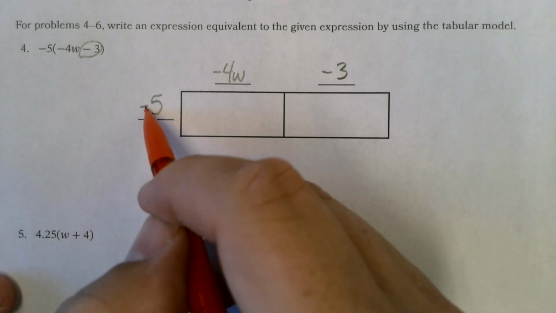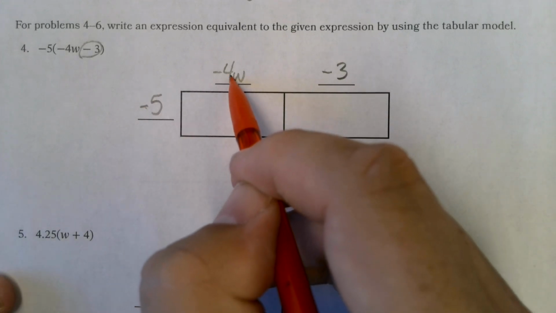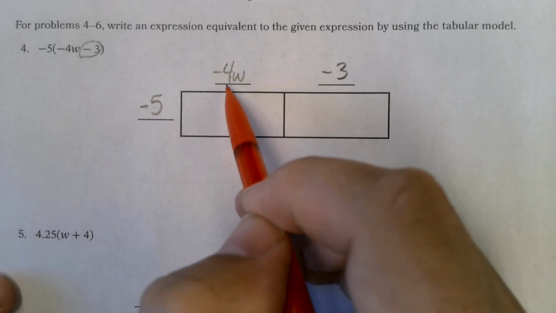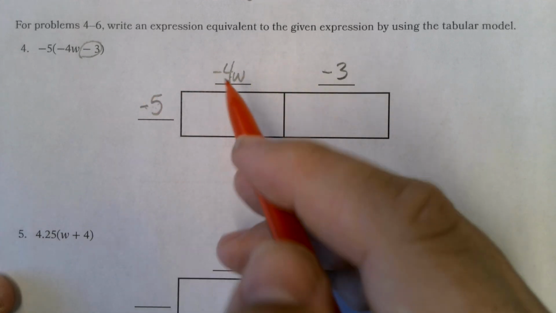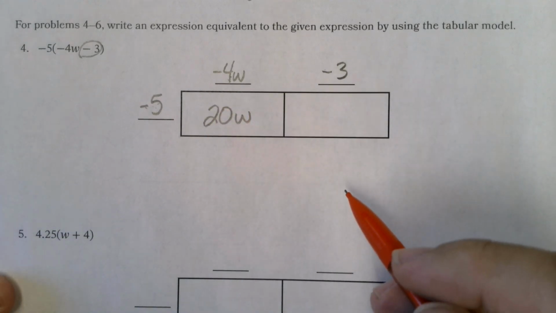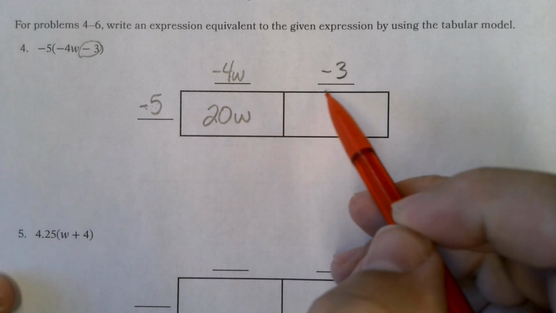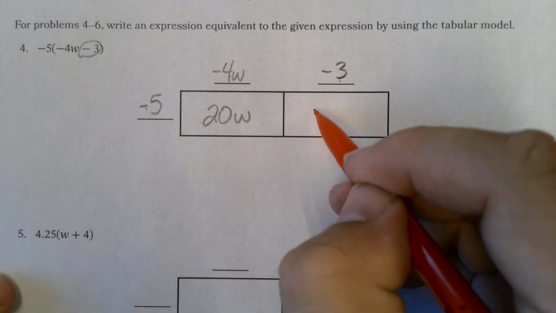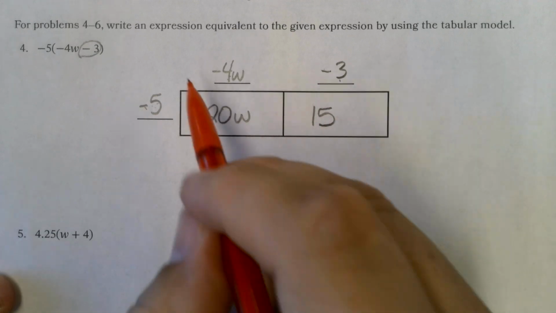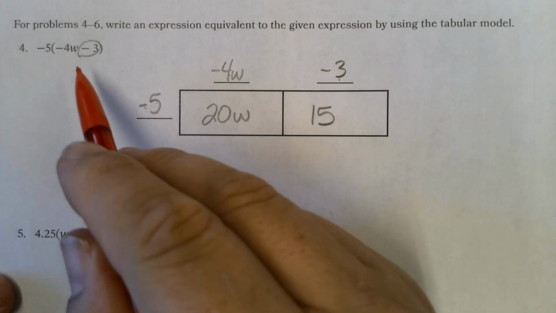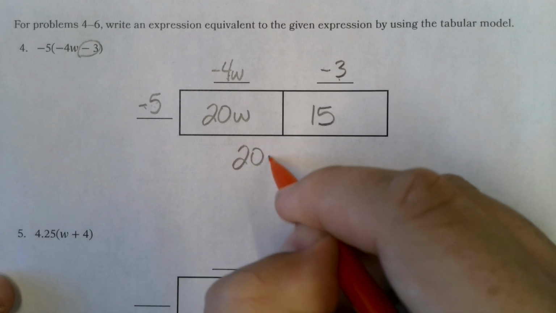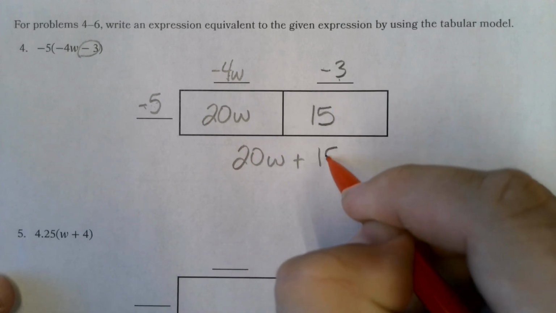Okay, so multiply negative 5 times negative 4w. Same signs mean positive. 5 times 4w, multiply the 5 and 4, 20 times w, 20w. Negative 5 times negative 3 gives a positive. 5 times 3 is 15. So the equivalent expression, by using the distributive property, is 20w plus 15.